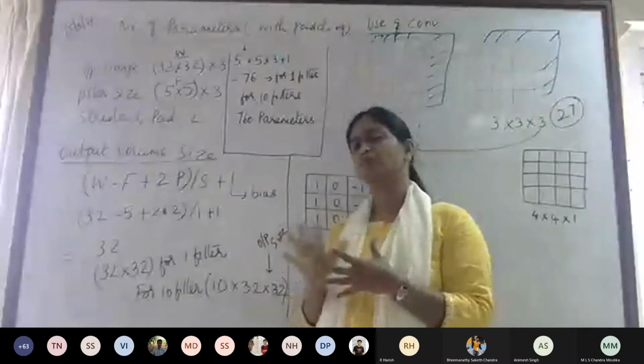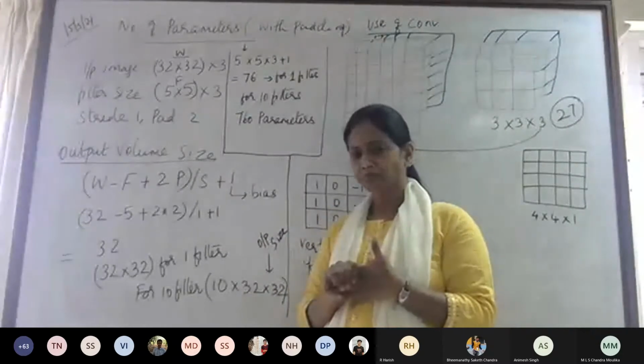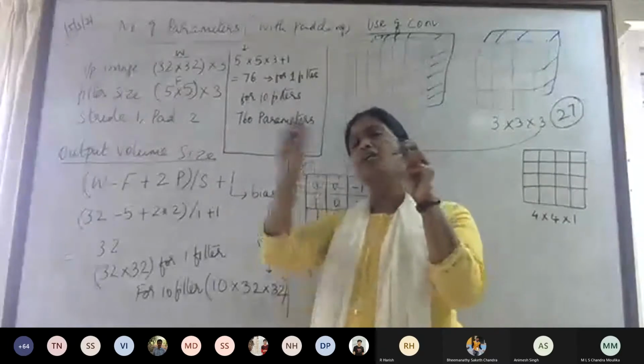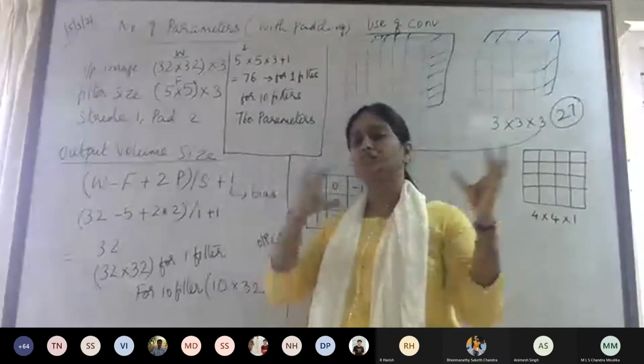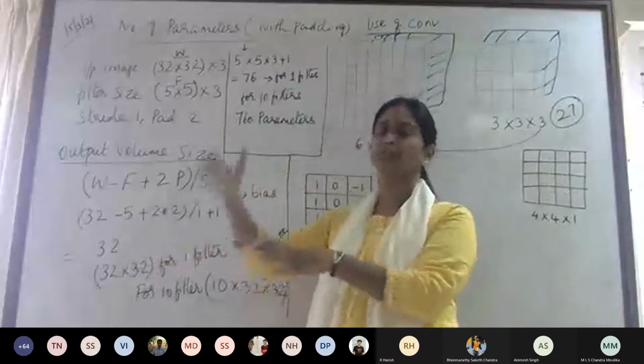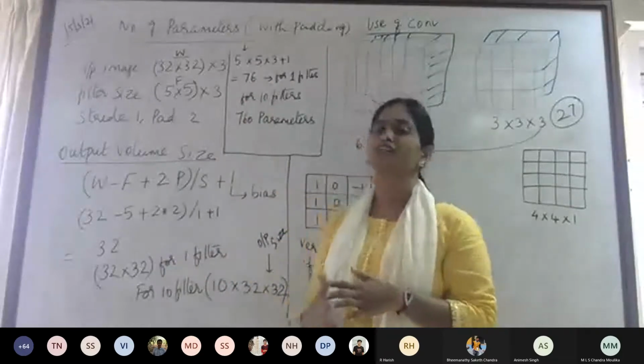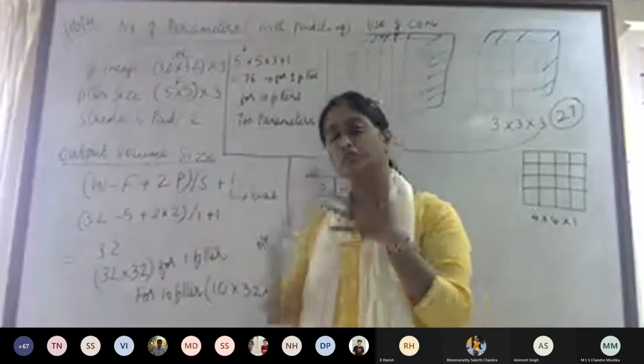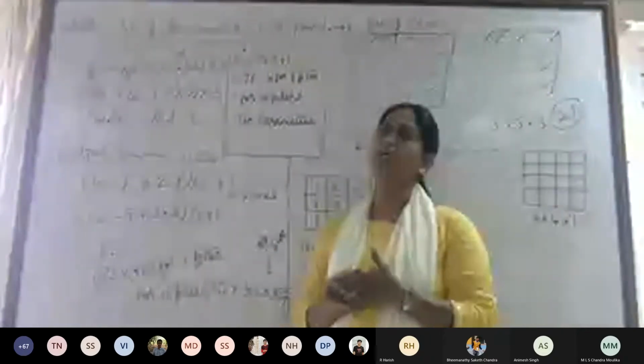Suppose you have a 1024 cross 1024 image and all the information in your image you are giving as the input, then imagine how many neurons you require in the input layer.